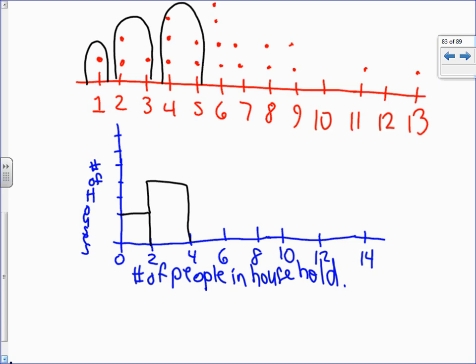That's going to be 5 high. The numbers on top so it's clear since I'm not using a grid right now. So 6 to 8 represents those that have 6 or 7. Because if you're 8, you go in the next bar. So 6 or 7, that's going to be 6 households.